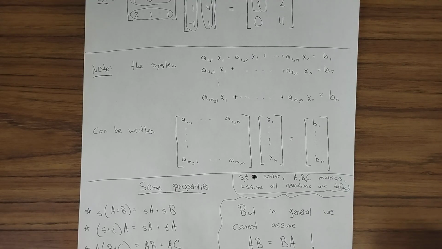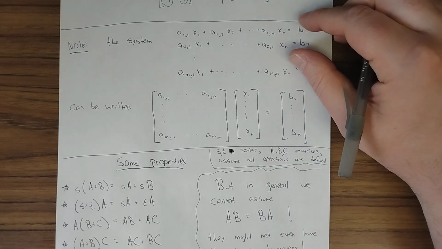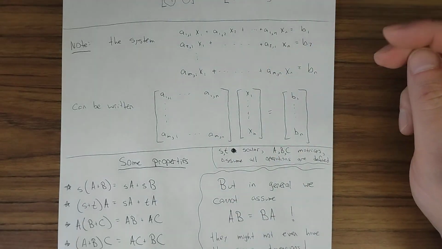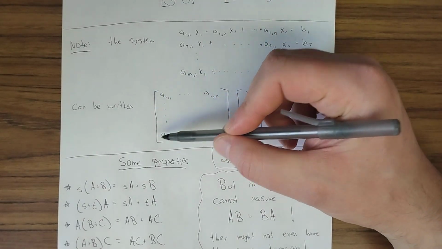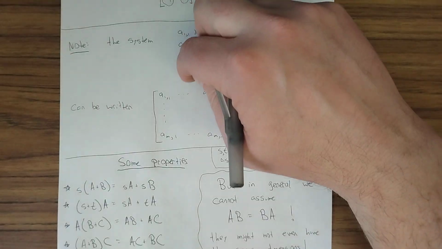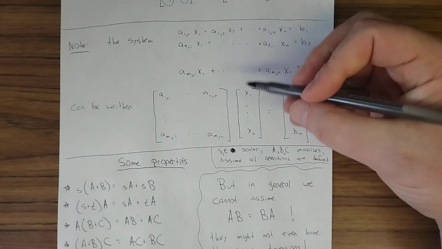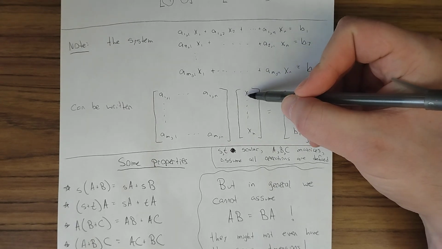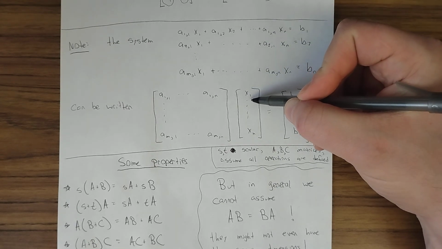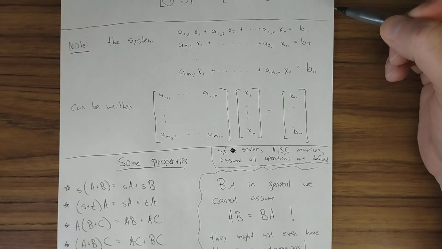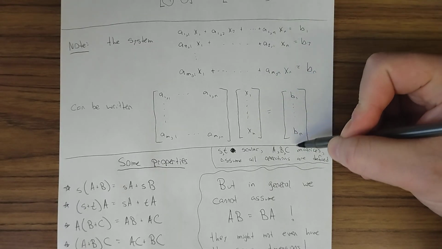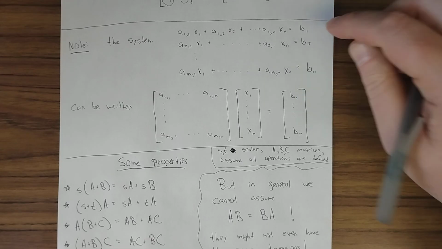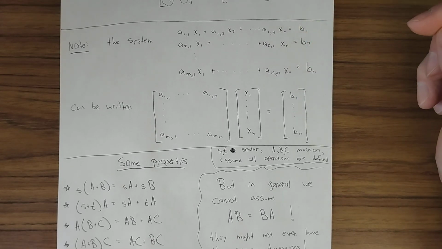And using matrix multiplication, I can write the same thing this way. This is the matrix that I get by just storing all these same numbers as coefficients. This is a matrix that just has one column, and the entries of that column are just our variables, x1 through xn. And this is also a matrix that just has one column, and I just put the b1 through bn.